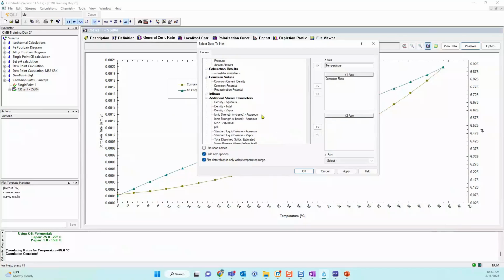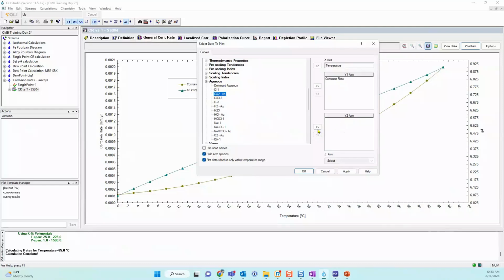I'm interested to see what is the composition of CO2, or what is the concentration of CO2 in the aqueous phase. So I go to the aqueous category and expand it and double click this value or select it, and I'm going to put it in the Y2 axis.